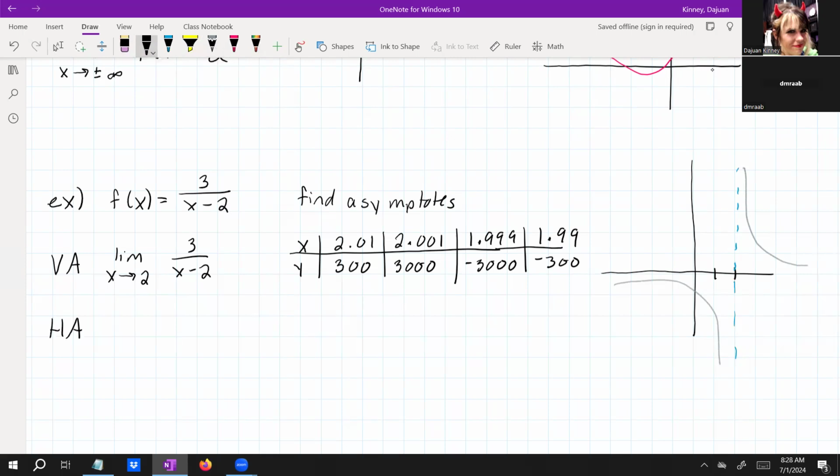For the horizontal asymptote, we technically have to test both. We can see from my sketch graph what's going to happen. So the limit as x approaches positive infinity of 3 over x minus 2. Using a little bit of logic, as x gets really, really big, my denominator gets really big, and 3 over a really big number is going to get really small. So let's do an XY chart.